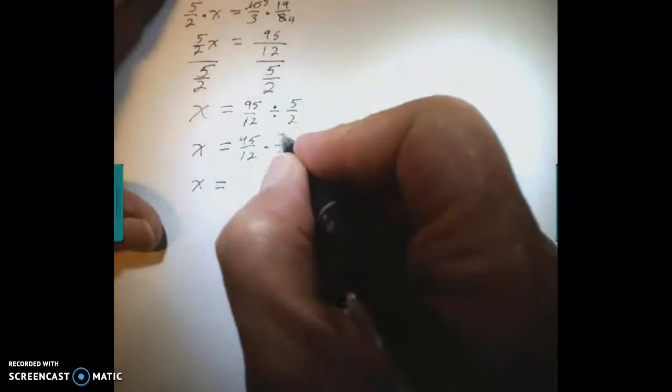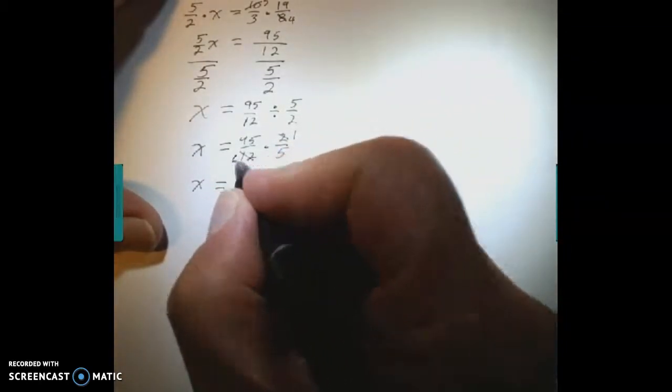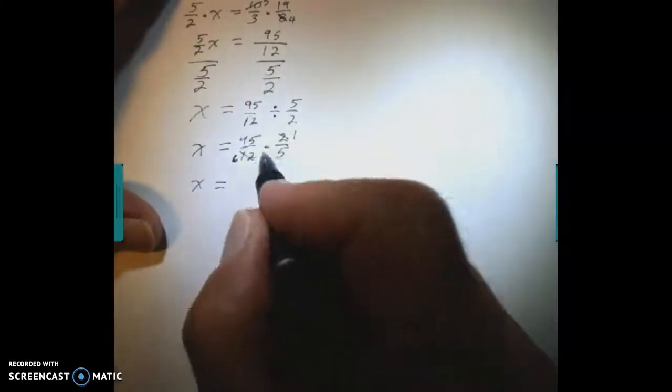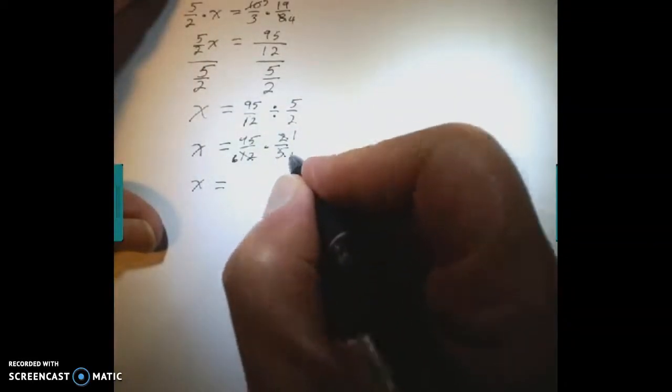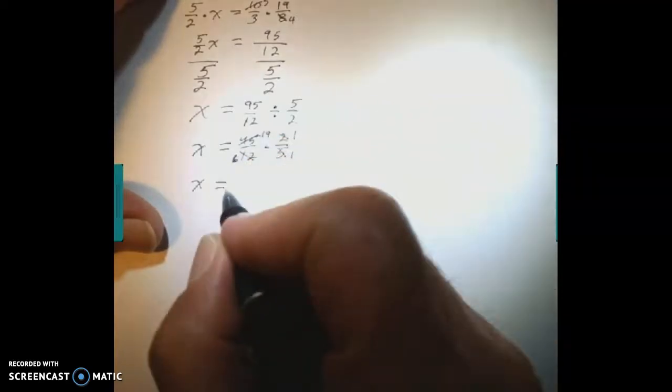Divide by 2, this becomes a 1, and 12 divided by 2, this would become a 6. 95 and 5 can both be divided by 5. So divide by 5, this becomes a 1, and then this becomes 19. Yeah, we got that by doing 5 times 19, and now we're taking the 5 back out of it. That's going to be 19.